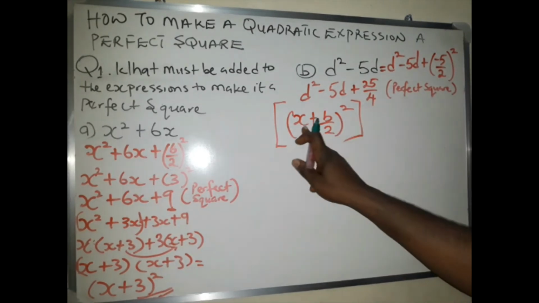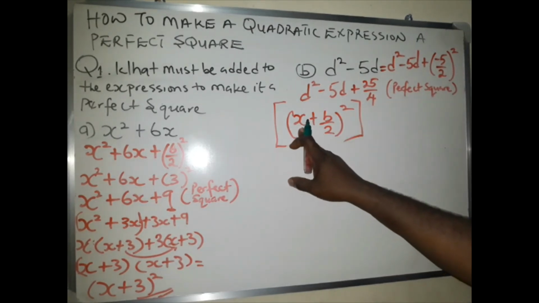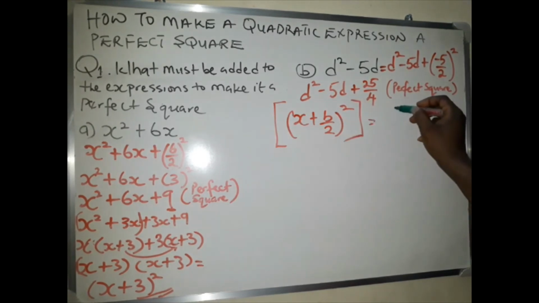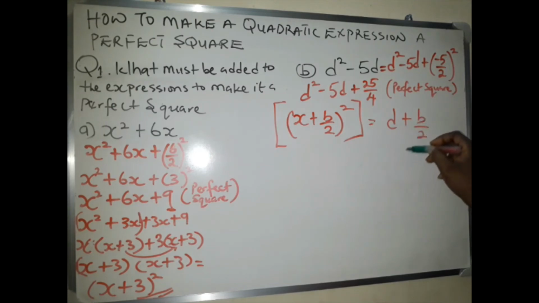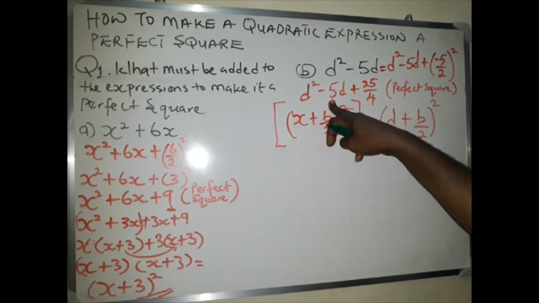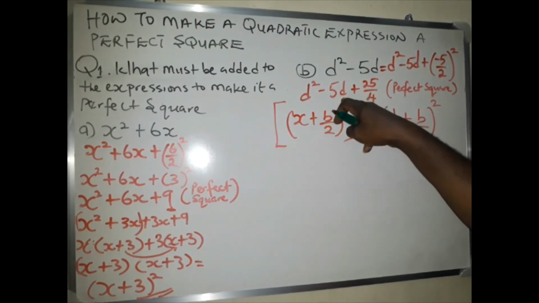Now, x here will be your letter d. So here it will be like d plus b all over 2. And we know what b stands for. B is the coefficient of this d here.